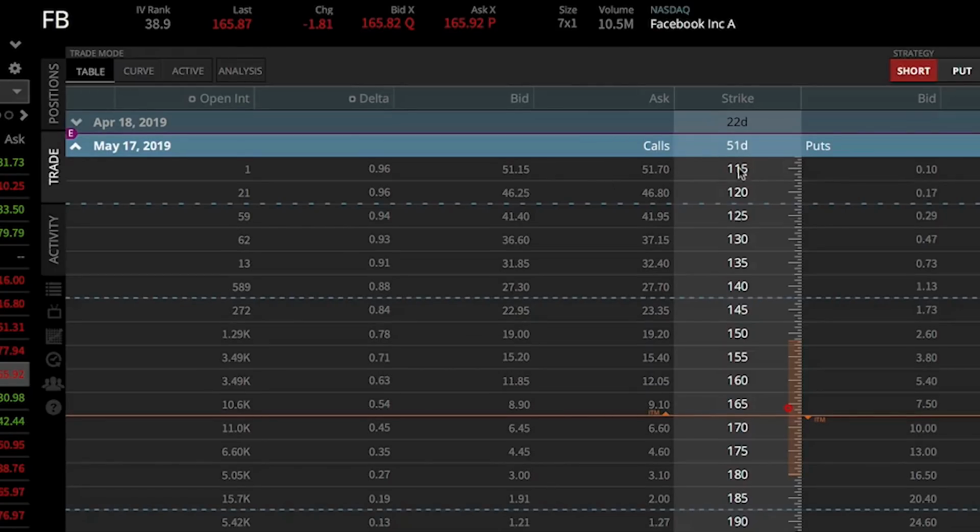So this 115 call is much more valuable than the 160 call because the 115 call has the ability to purchase shares of stock at $115, whereas the 160 call has the ability to purchase Facebook stock at $160 per share.